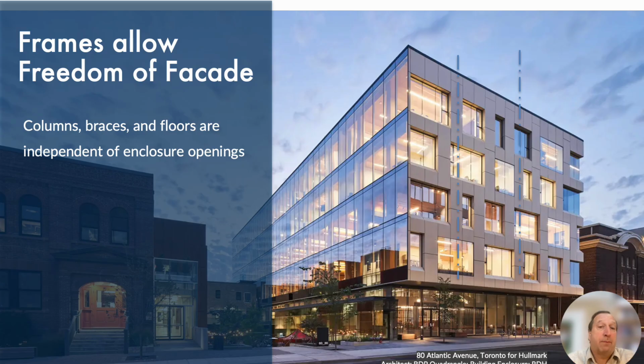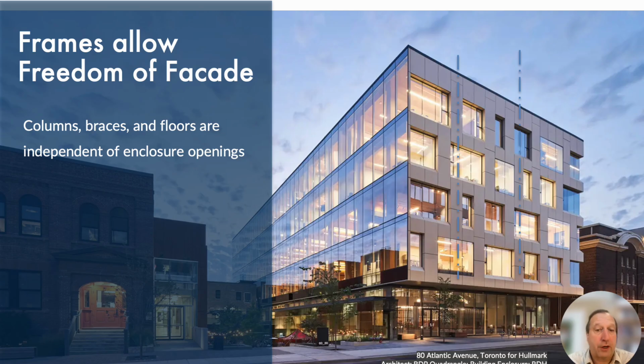Now, frames are often desirable because they allow much more flexibility in where you put your openings in the building enclosure. So if the columns are widely spaced enough, then you can put your openings pretty much where you like.